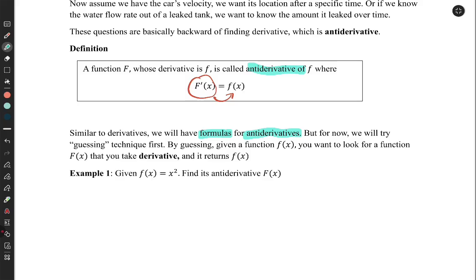So now I have x squared. What would be the antiderivative of x squared? In other words, whatever you have over here, you take the derivative, it should give you back x squared. 1/3 x cubed, right?